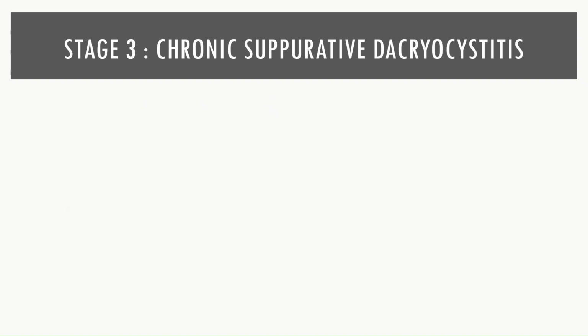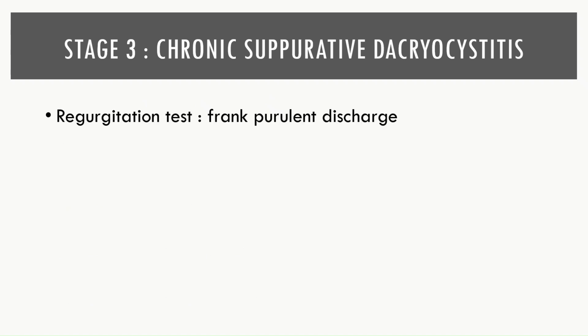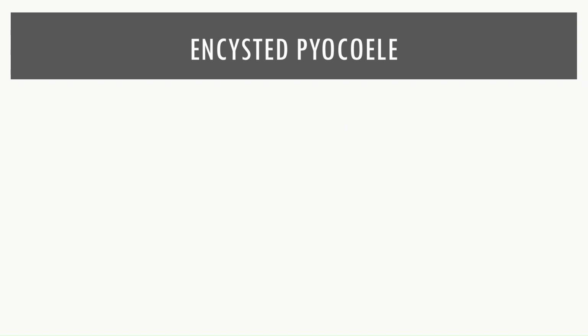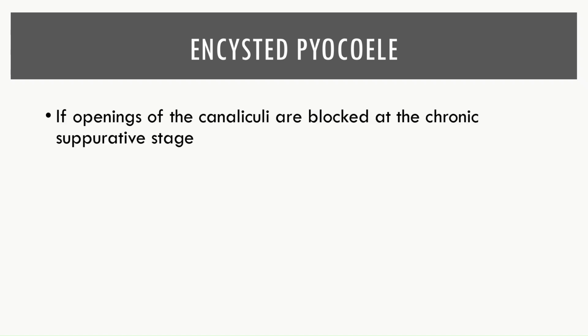On regurgitation test, a frank purulent discharge flows from the lower punctum. If openings of the canaliculi are blocked at this stage, the so-called encysted pyocele results.